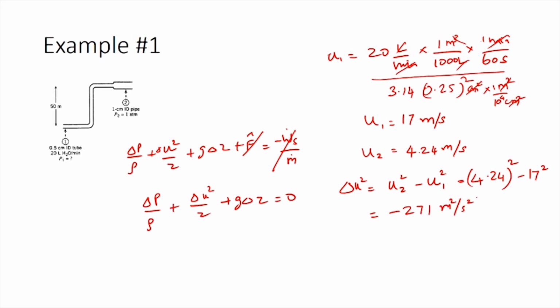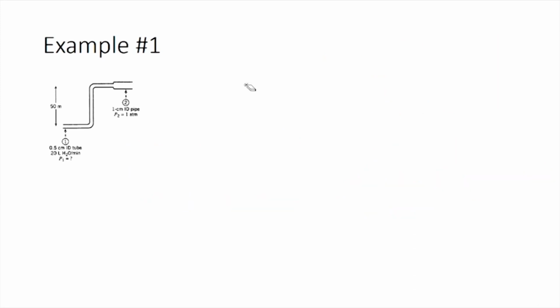We can substitute this value into Bernoulli's equation and we will be able to calculate the pressure drop. We have delta P, which is equal to P2 minus P1, and we have delta Z equal to 50 meters, and we have delta u squared equal to minus 271 meter squared per second squared.